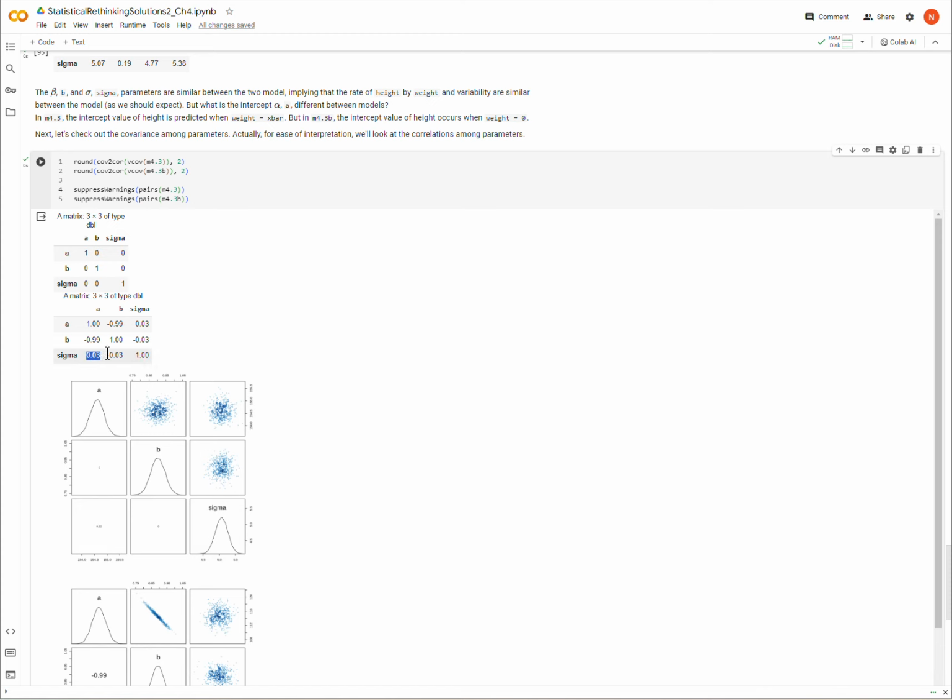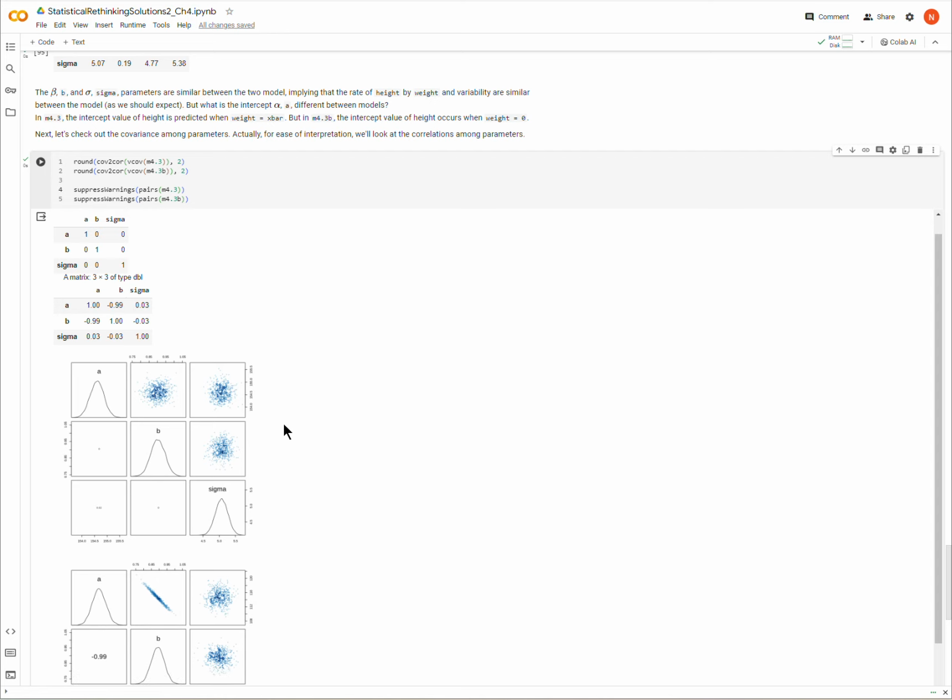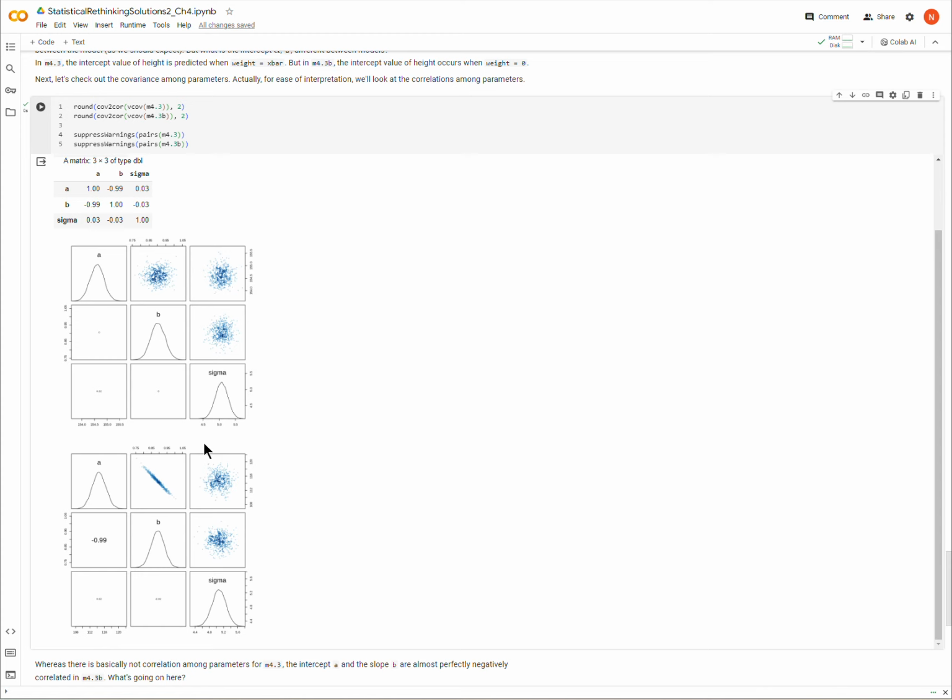So we'll take the correlations with sigma to be 0. They're basically 0, we'll just take them to be 0 in this case. But there is a really, really strong negative correlation between the alpha and the beta parameters. Okay, and so if we plot these, you can see this in the pairs plot.